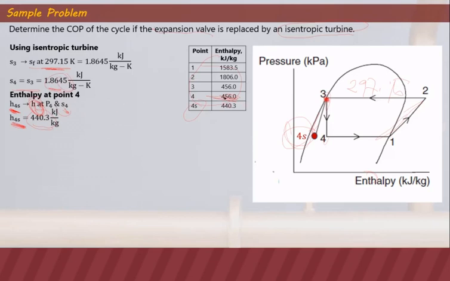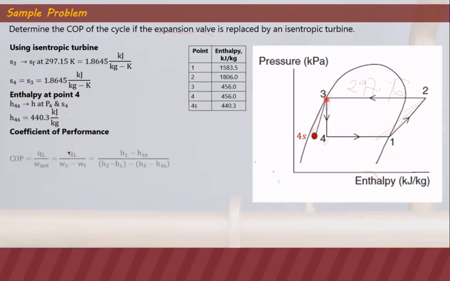As you can see, it has decreased from 456. When we use an isentropic turbine, the enthalpy at point 4 now becomes 440.3 kilojoules per kilogram. So the coefficient of performance can now be calculated using these new enthalpy values.